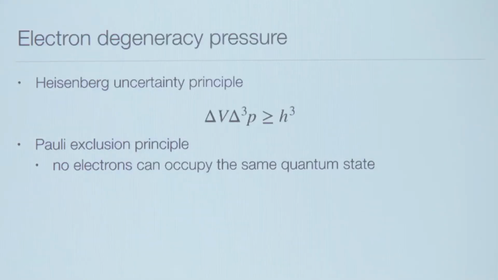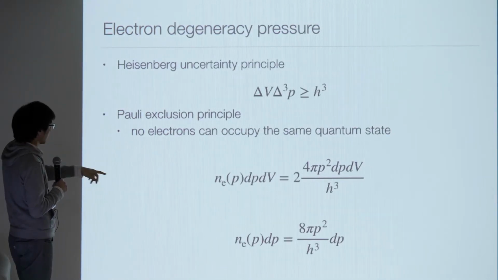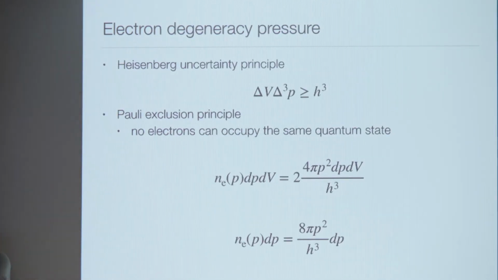So that gives you this number density in the momentum field, which can be satisfied in the electron degeneracy limit.